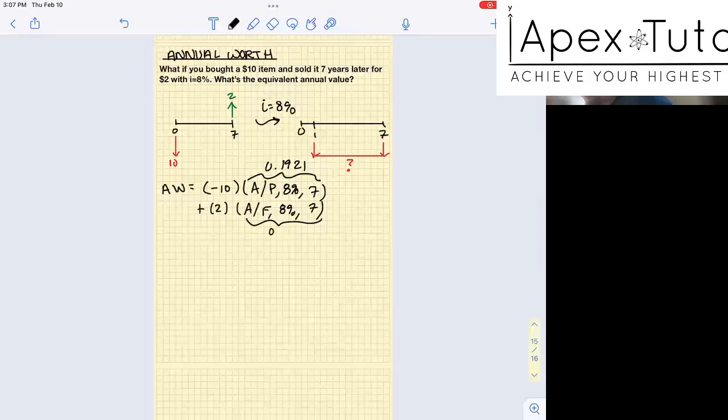0.1363. Okay, try again. Page 8%, column A over F, row 7. It's 0.1121. Perfect. Okay, and what do you get when you do that math?